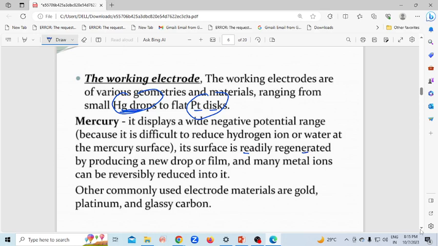By producing a new drop or film, many metal ions can be reversibly reduced on it. So in this way mercury creates an electrode, and on this electrode many ions can be reduced, not oxidized, reduced. Other commonly used electrode metals are gold, platinum and glassy carbon.